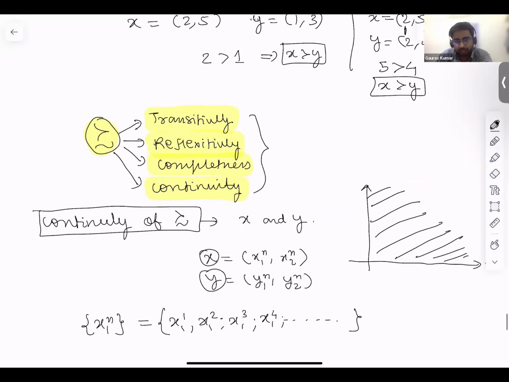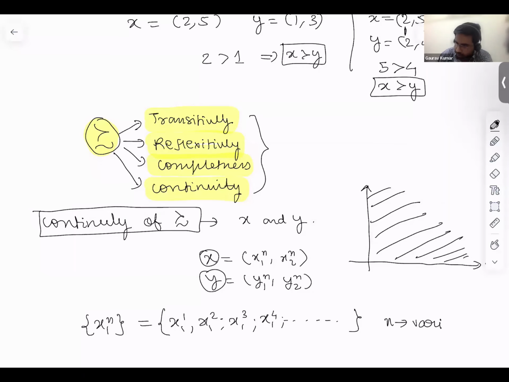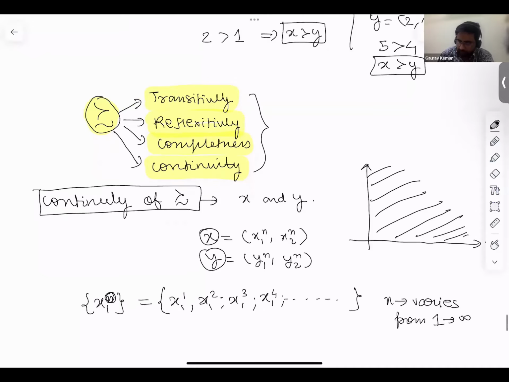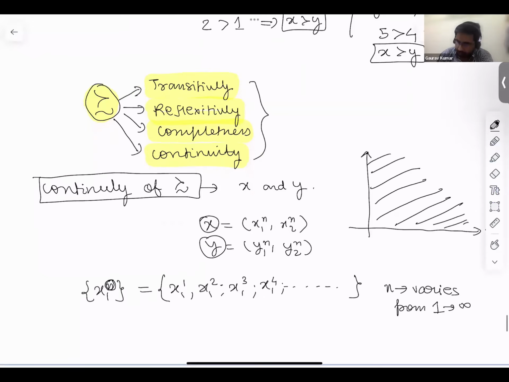For now, just take that n varies from 1 to infinity. So this is a sequence. When you take x equal to (x1n, x2n), this is a sequence with two arguments in it.